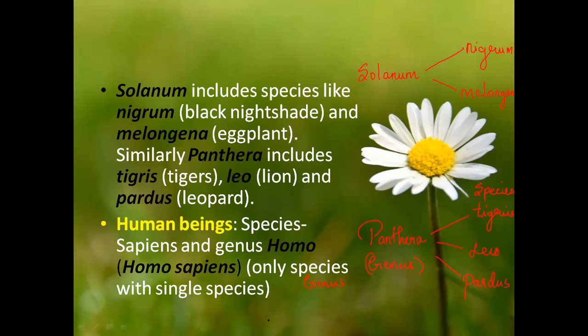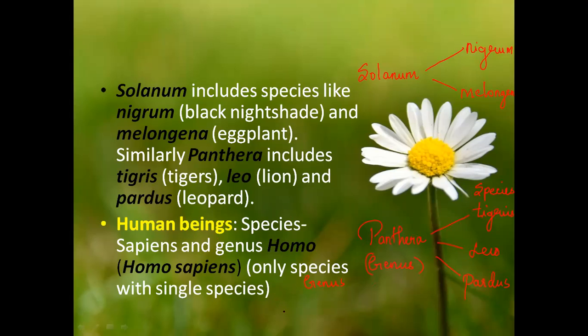It doesn't have other species because human beings are one and only. Whereas the Panthera genus has other species like tigris, leo, pardus.